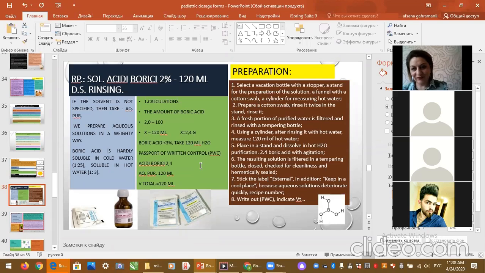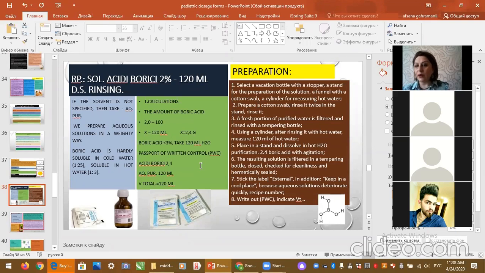We take the percentage from the whole amount. For 120 ml, how much acidum boricum must we take if 2% is prescribed? 2% from the 120.